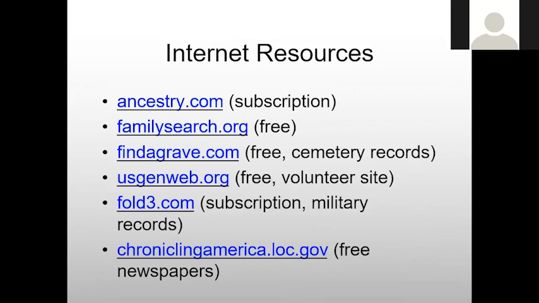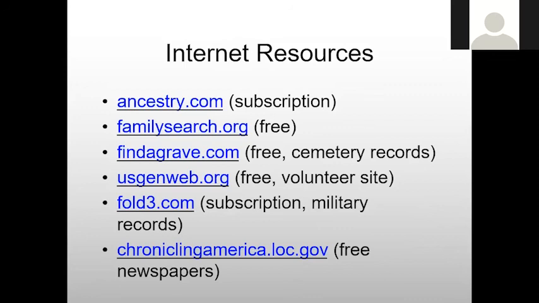Ancestry is a subscription service, but many of the libraries throughout the country have access. Our local library here in Canyon City, Colorado, does have access to Ancestry.com, and you can use their resources free of charge.